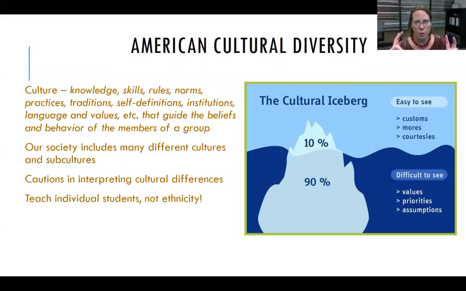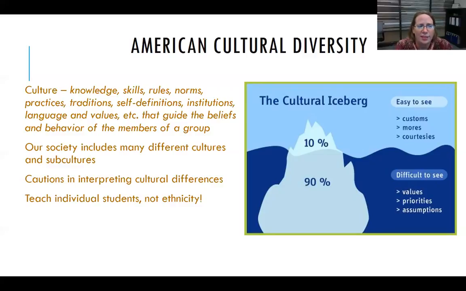What this points out to you is that we need to think carefully about other people's cultures and how that influences their behavior, and not just impose our own views on other people. So we need to be giving careful consideration to other people.